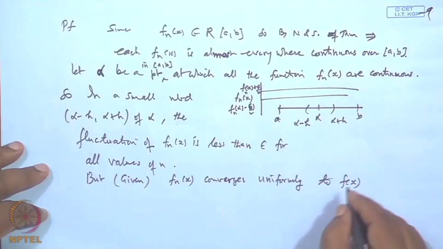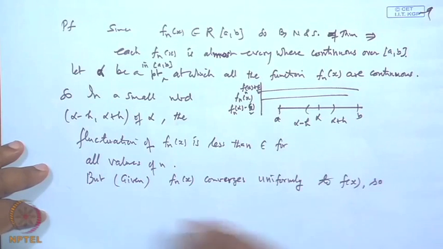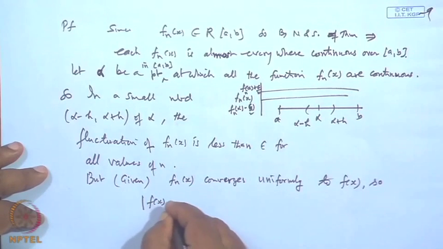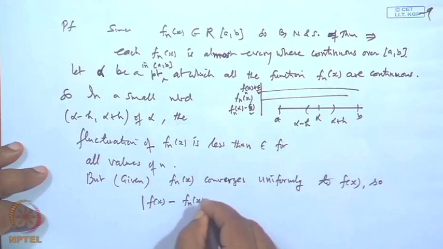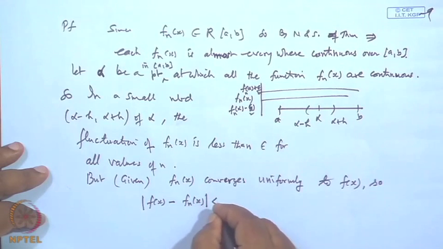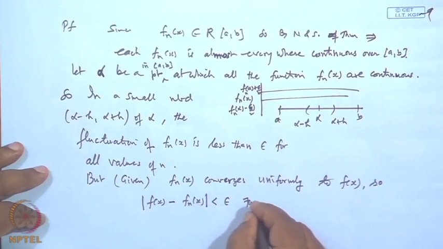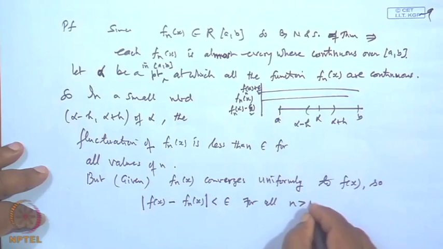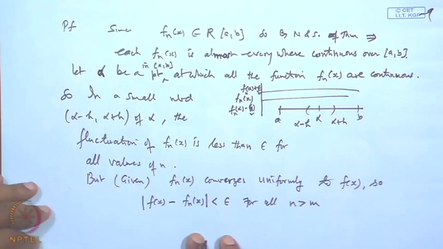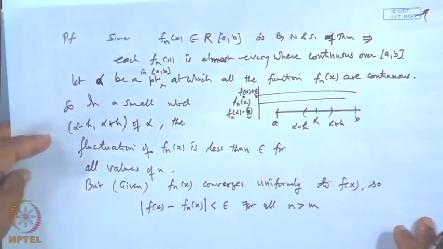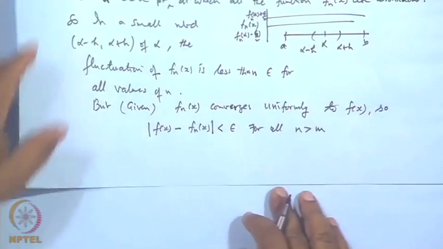So, by definition, the modulus of f x minus f n x will remain less than epsilon for all n greater than m, and of course for every x in this interval.